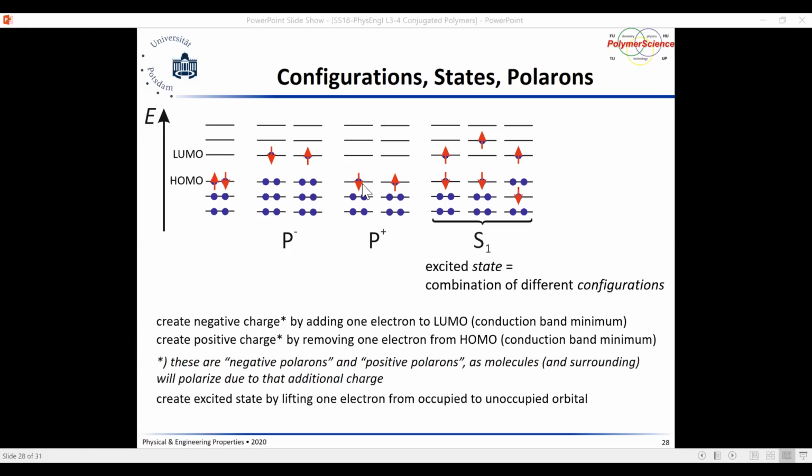One of them is pointing up, the other one is pointing down. The overall spin is 0 because one is positive, one is negative in terms of direction, and the net is 0. Equally, when you're exciting charges, if in the ground state the electron has an up pointing spin, when it's excited it will also have an up pointing spin. Or if it was down pointing, when it's excited in the LUMO, it will have a down pointing spin. So the red arrows are indicating spin.